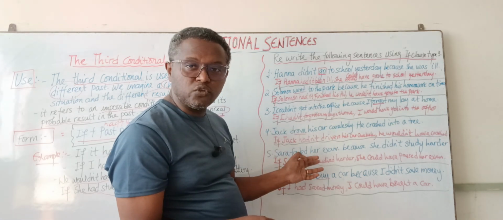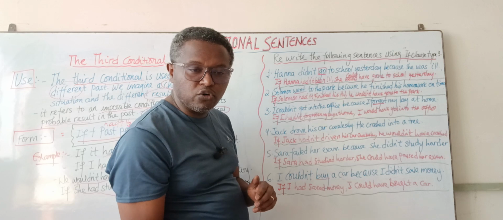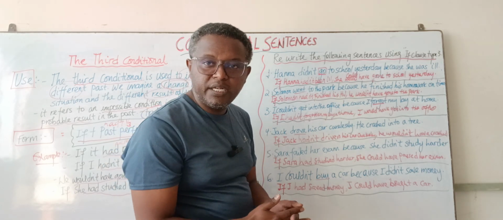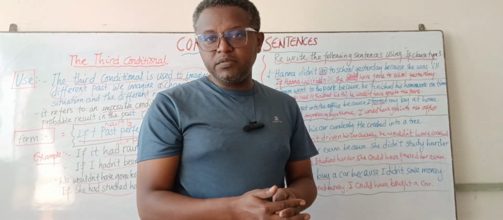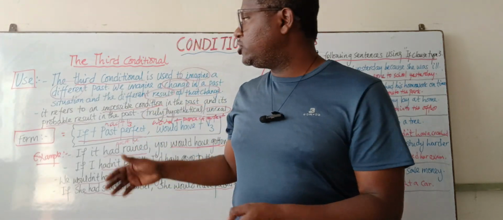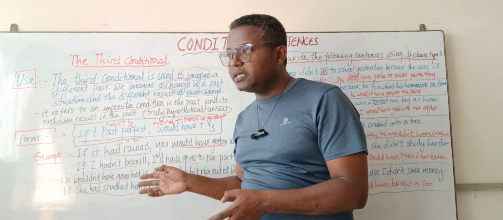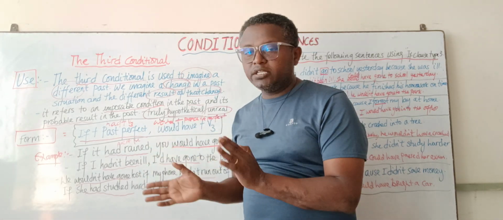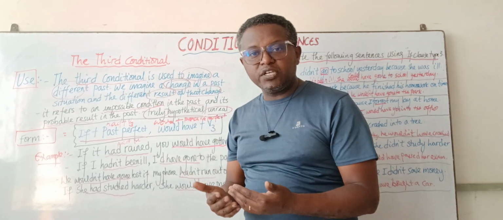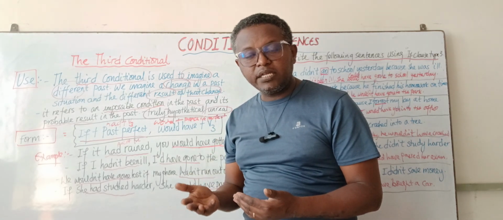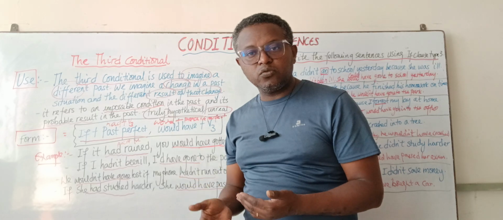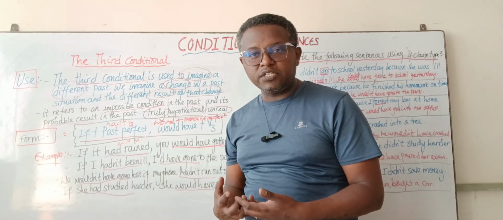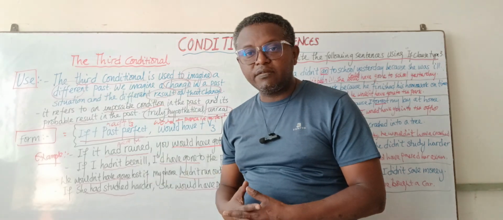So I want you to practice them, rewrite other situations as well in conditional forms, and try to revise the rules of conditional sentences, not only conditional type 3, but the previous ones, conditional type 0, 1, 2, and this one as well. So we can use them in our real life situations if we understand them very well.